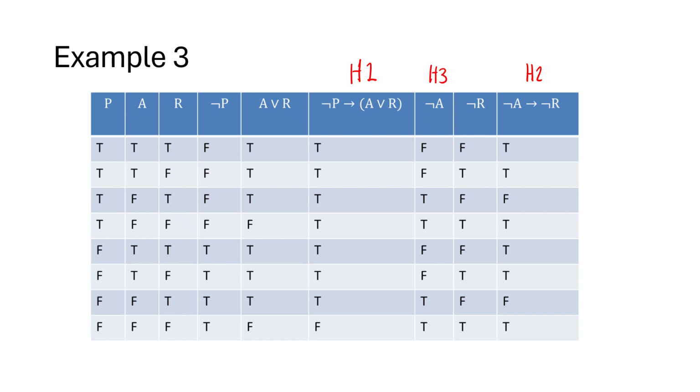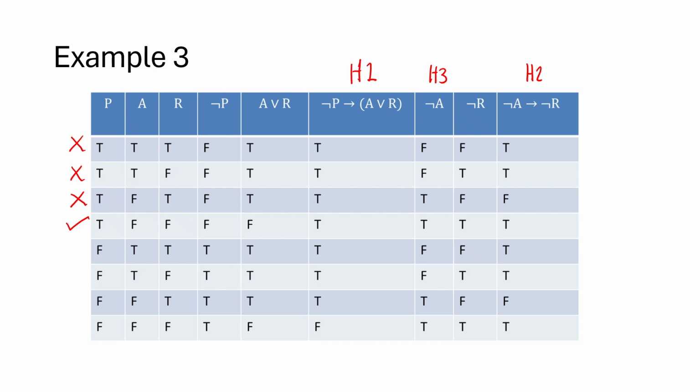So we need to look at a row where all three of these columns are true, or rows, it could be more than one. First row, we are not interested because H3 is false. Second row, not interested. Third row, H2 is false, so that's not interesting to us either. Fourth row, you can see that all of them are true, so that's something to check.